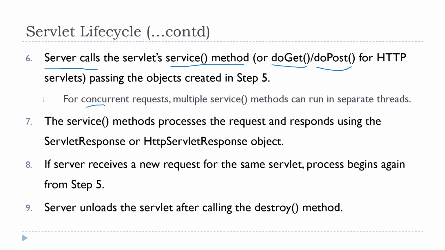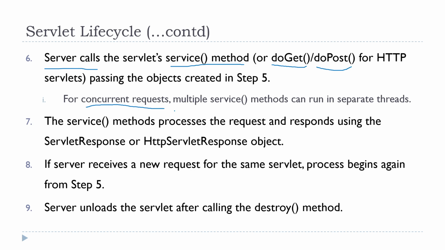Now, if we have multiple requests which are coming concurrently, then multiple service methods can run in separate threads. What do we mean by multiple service methods running in separate threads? It means that they will be running in parallel and they will be handled by the same object. So, we don't need multiple objects for that.